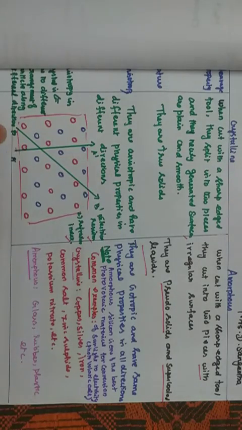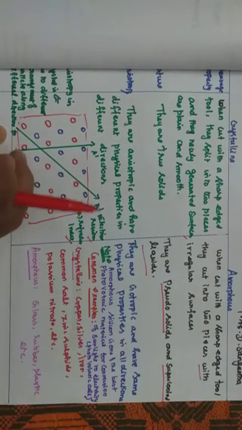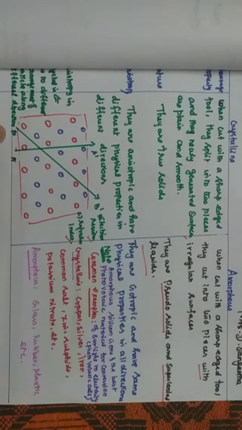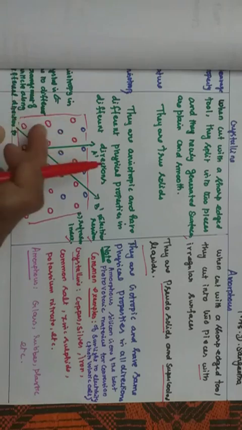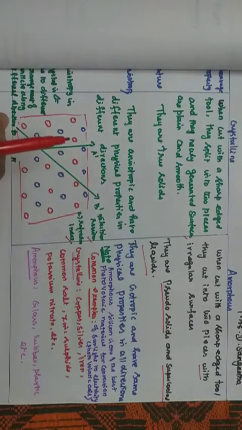Now I measure in the direction of B dash. I am not getting the same value that I got in the direction of A dash. I am getting a different value in the direction of B dash. The A dash value is completely different from the B dash value.